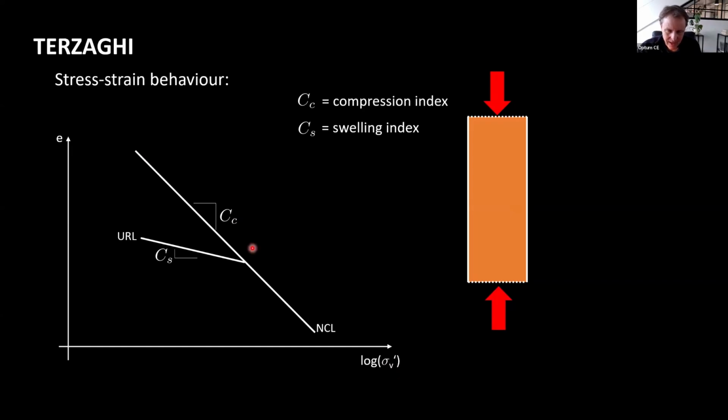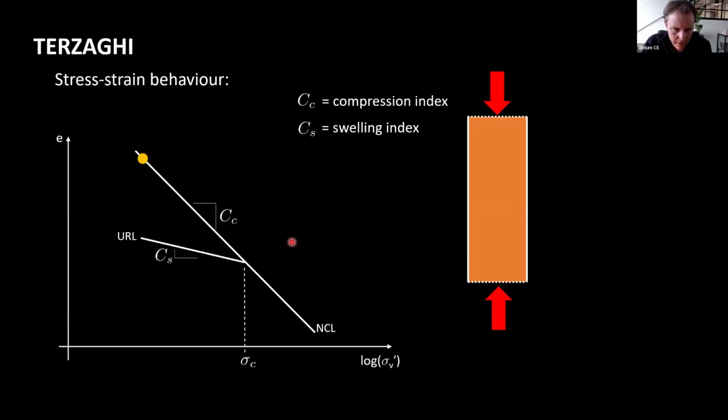So these are kind of inverse stiffnesses. These are kind of compliances. So the larger this is, the less stiff the material is. So this line here, we call this the normal consolidation line, and these are unloading, reloading lines with a smaller compliance, so a higher stiffness.